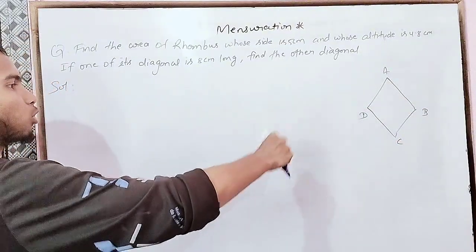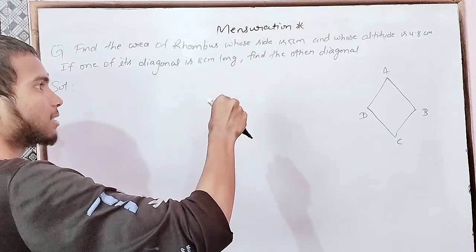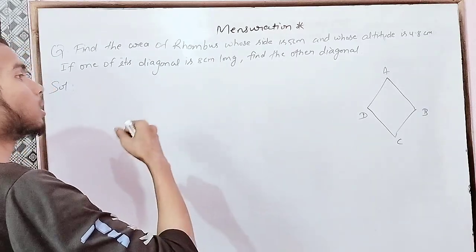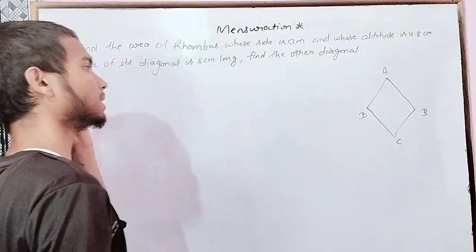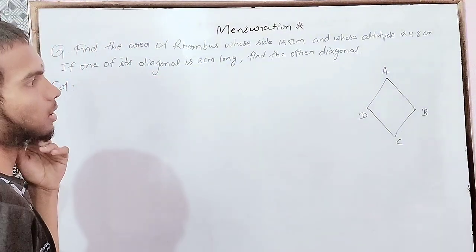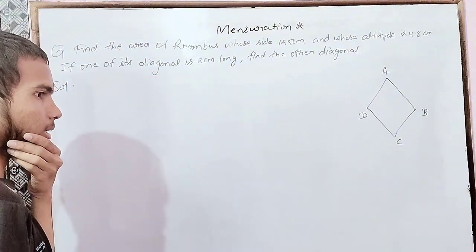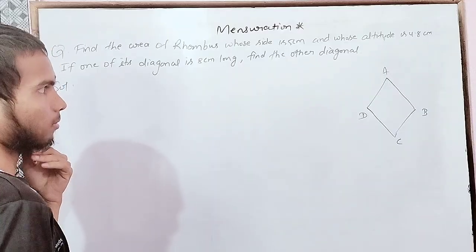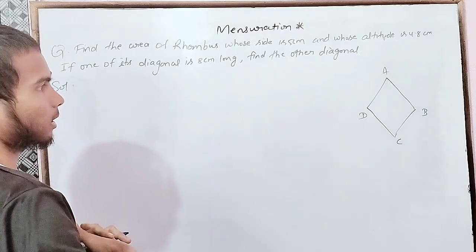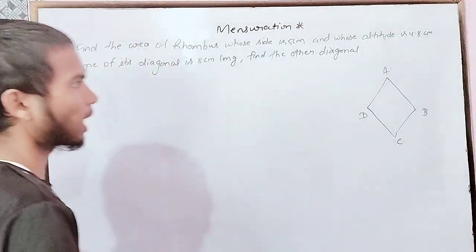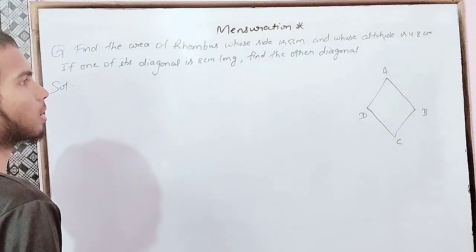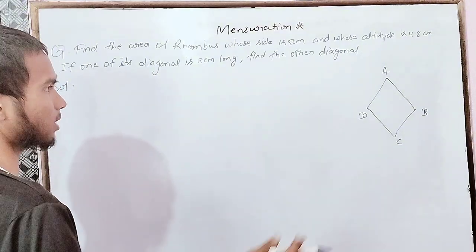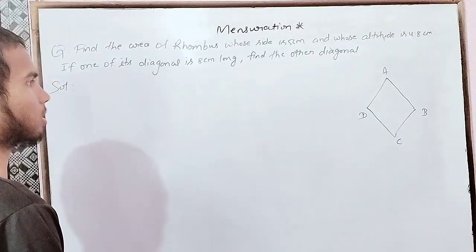But in a rhombus, the angles at the corners don't make 90 degrees; except for 90 degrees, they make other angles. Okay, this is the difference between a rhombus and a square.